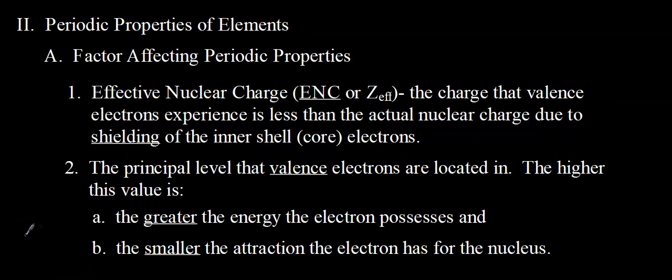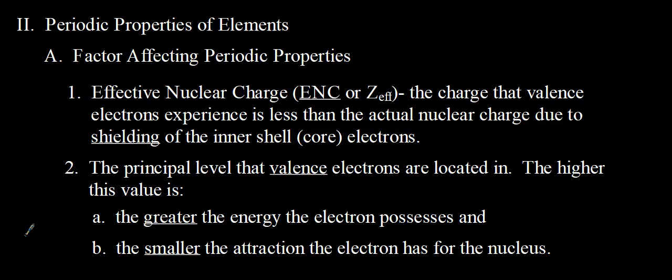So let's take a look at the periodic trends. Here are some of the factors affecting the properties of the elements. Our first one listed there is effective nuclear charge, ENC, or Z effective, which is the charge that valence electrons experience, which is less than the actual nuclear charge due to shielding of the inner shell or core electrons. Let me reword this.